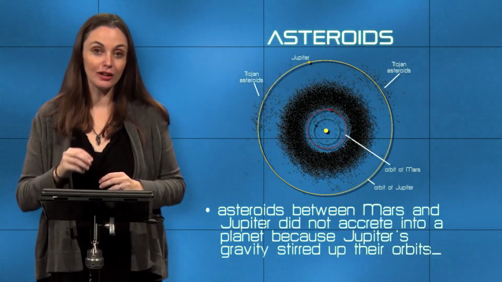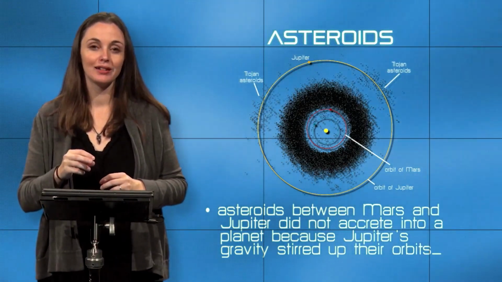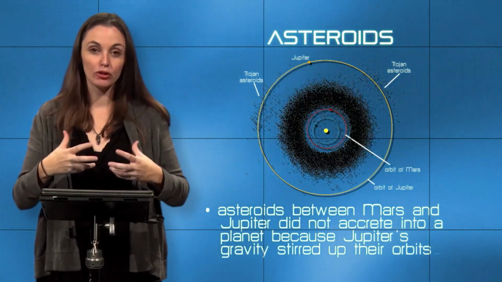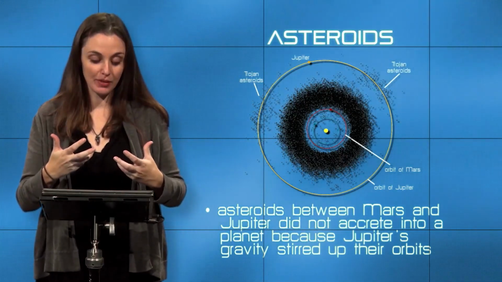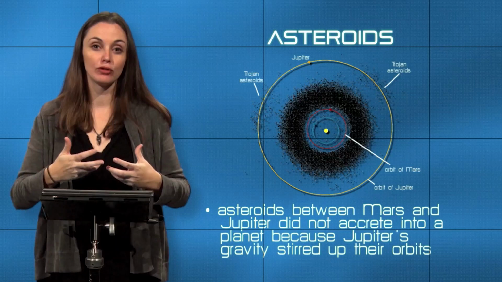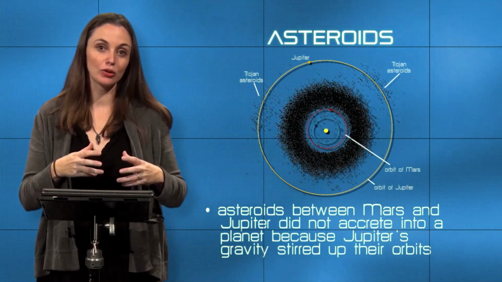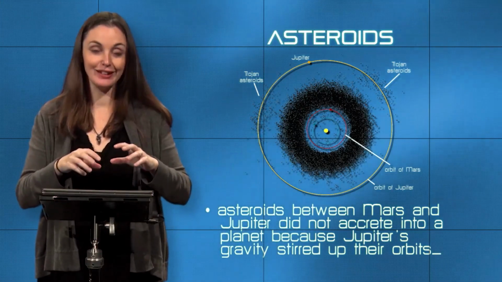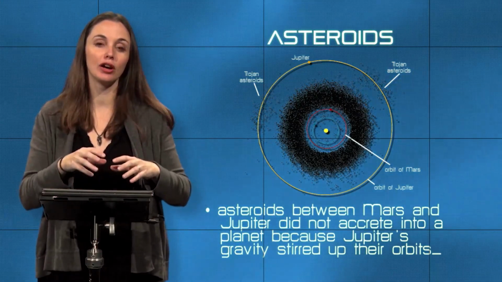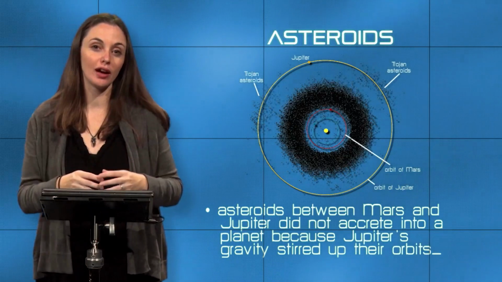And the current day location of Jupiter is keeping this orbital resonance up, this effect due to the massive gravity of Jupiter that keeps all of these asteroids as individual objects and keeps them from accreting together to form a solid object.